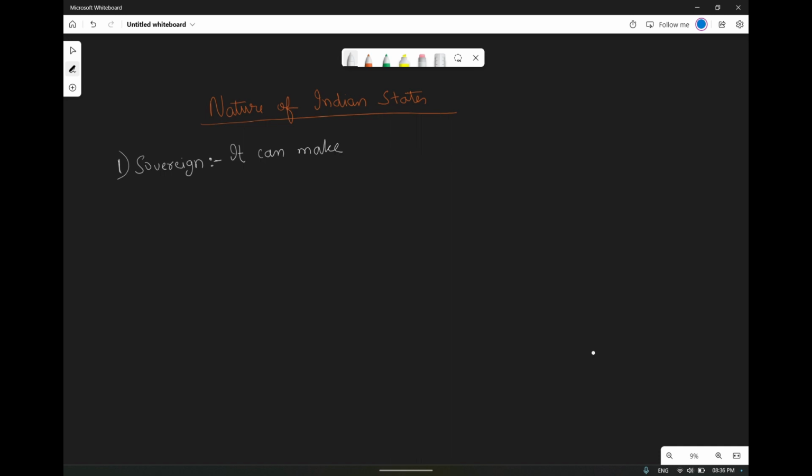That is exactly what sovereign means: India, that state, can make or unmake any decisions with respect to itself without interference of any other country.